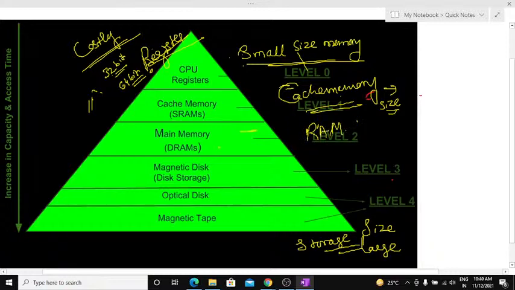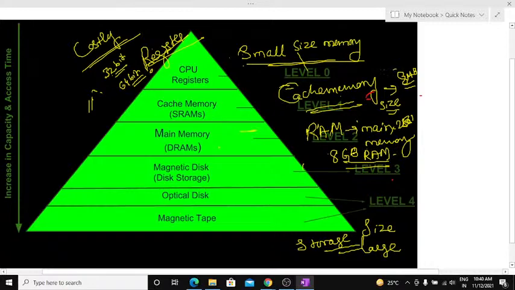Suppose you consider your cache memory is 8 MB or 16 MB, and your primary memory is 256 MB, 512 MB, 1 GB or 8 GB RAM. The registers are in terms of KB, the cache in terms of MB, and the main memory in terms of GB.